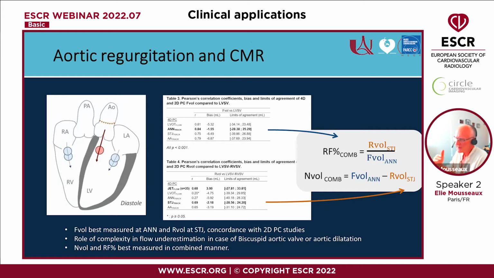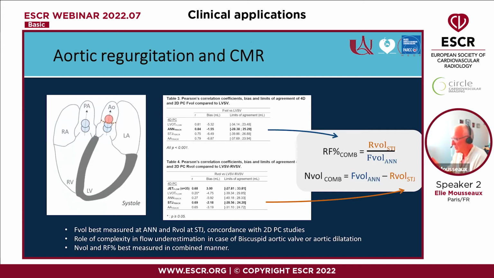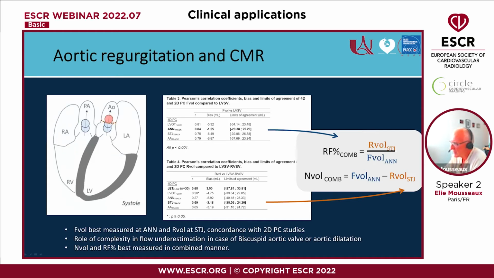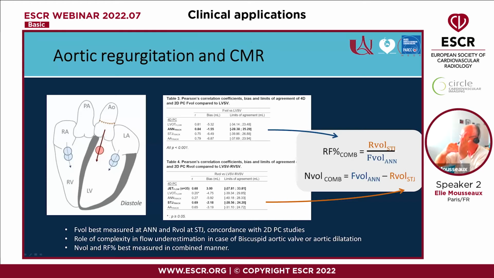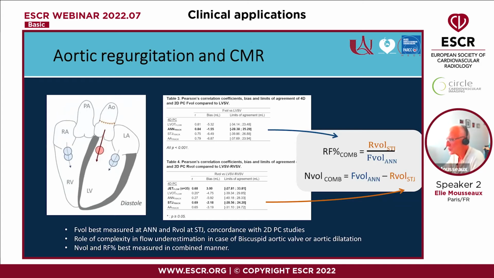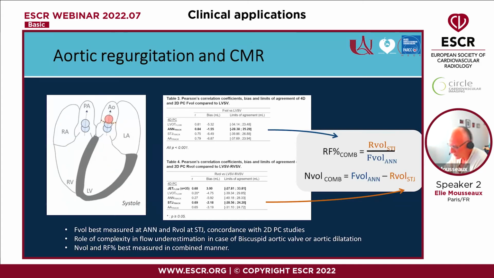So that's why now, in routine, we are using a combination of the two: we estimate the forward flow at the level of the aortic annulus, and we estimate the regurgitation flow at the level of the sinotubular junction.